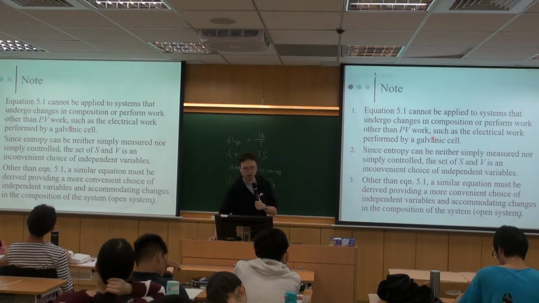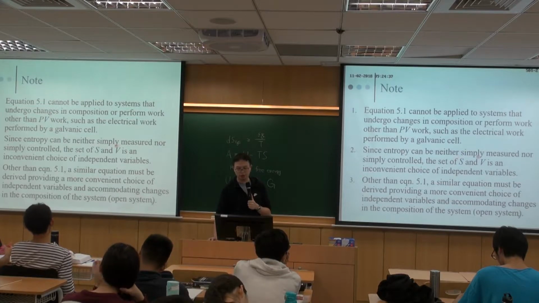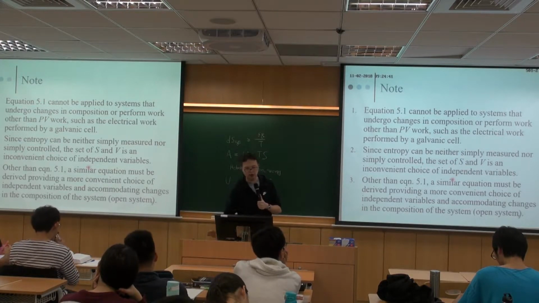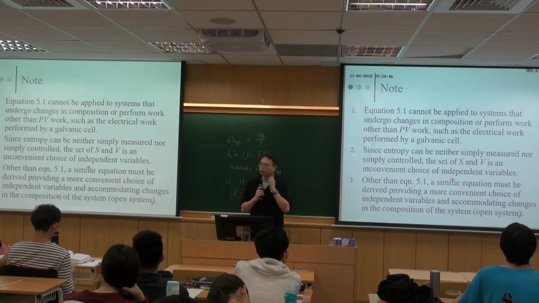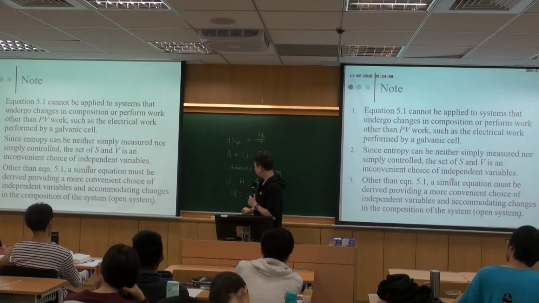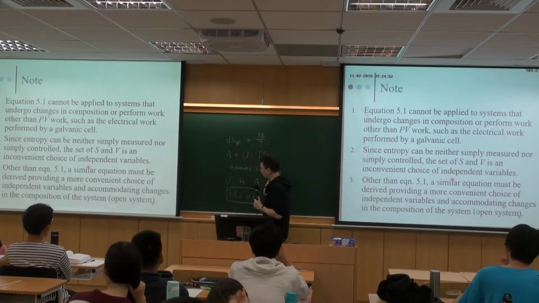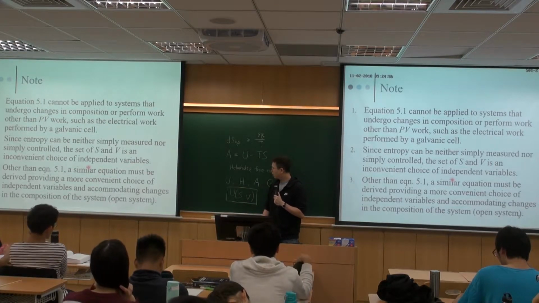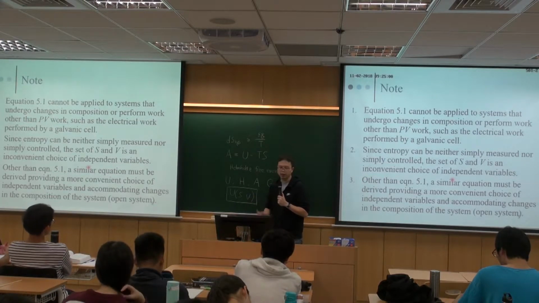So the second bullet point here is that since entropy can neither be simply measured nor simply controlled, the set S and V is an inconvenient choice of independent variables. Again, typically we express these auxiliary functions or thermodynamic quantities as a function of two independent variables.